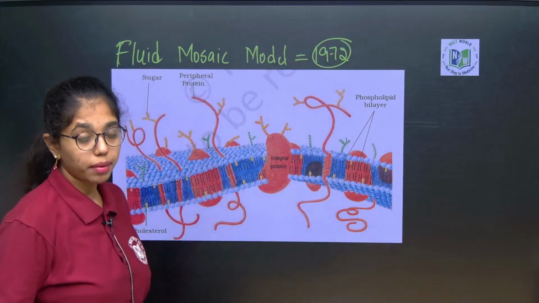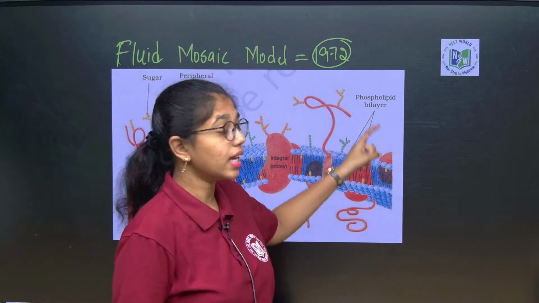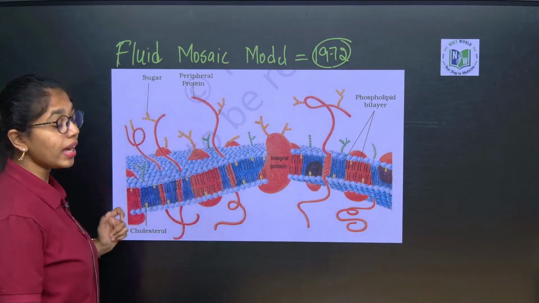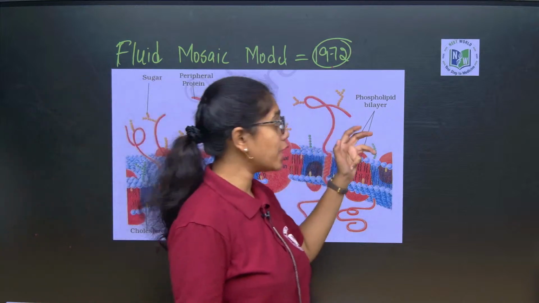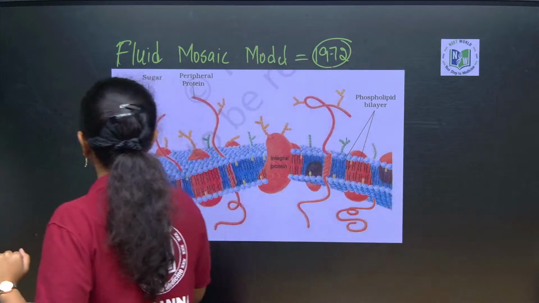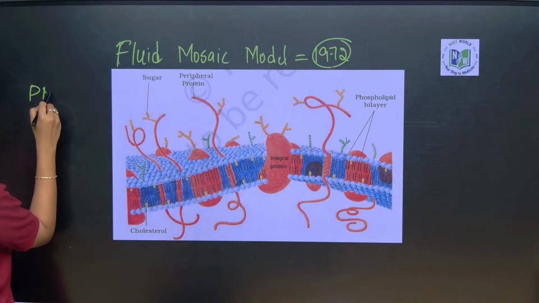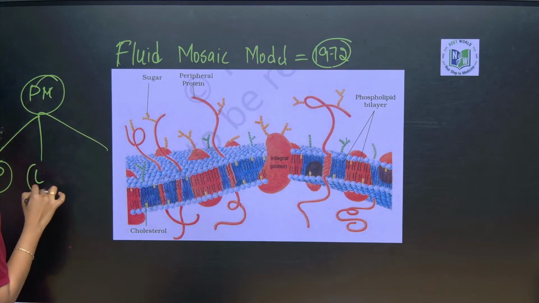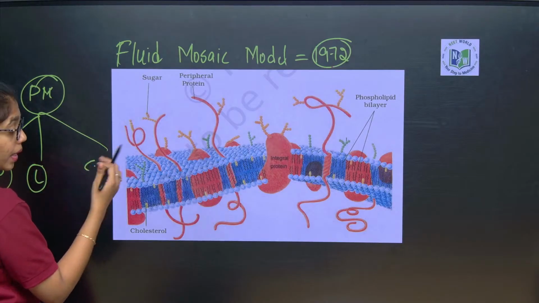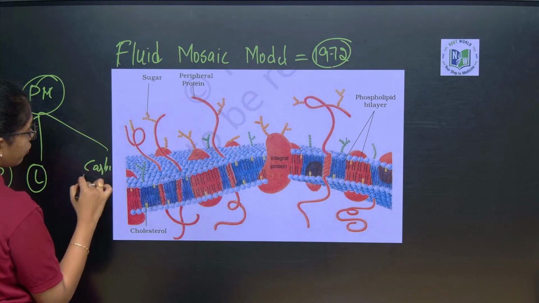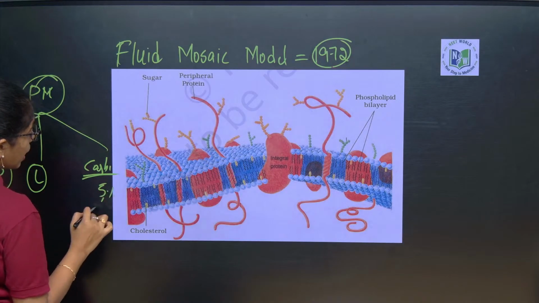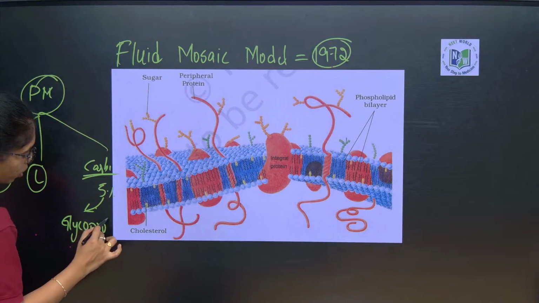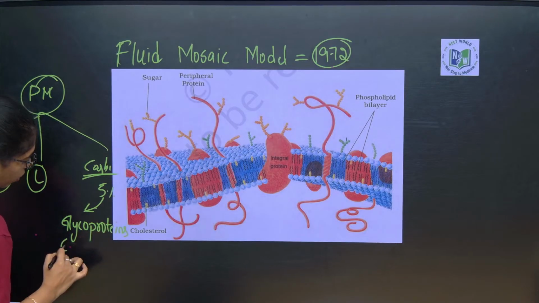According to them, plasma membrane is composed of proteins, lipids and carbohydrates. The carbohydrates are approximately 5%. They are in the form of glycoproteins and glycolipids.